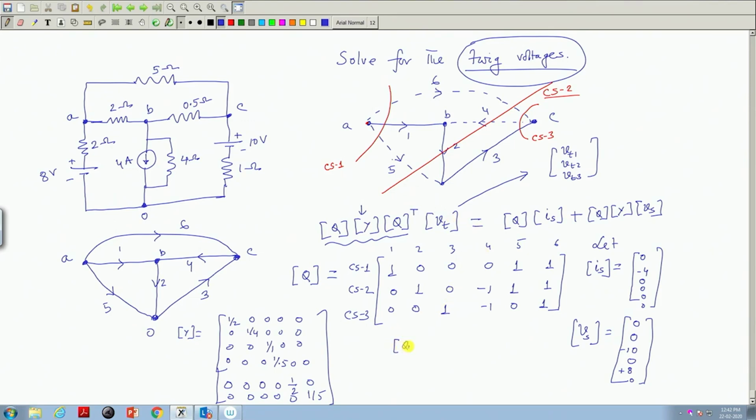Q transpose into tweak voltages is equal to element voltages. So, once I know voltage across each element, then I will be able to calculate the currents here and there, other details. Thank you.